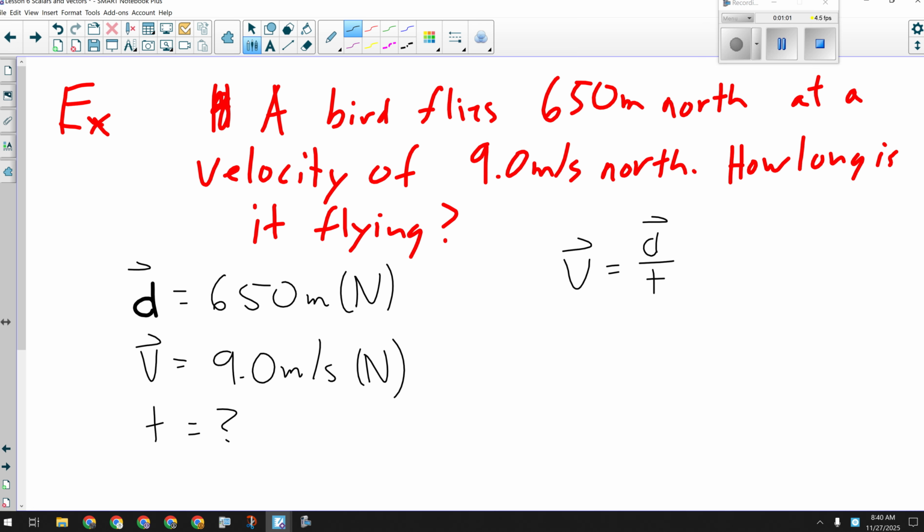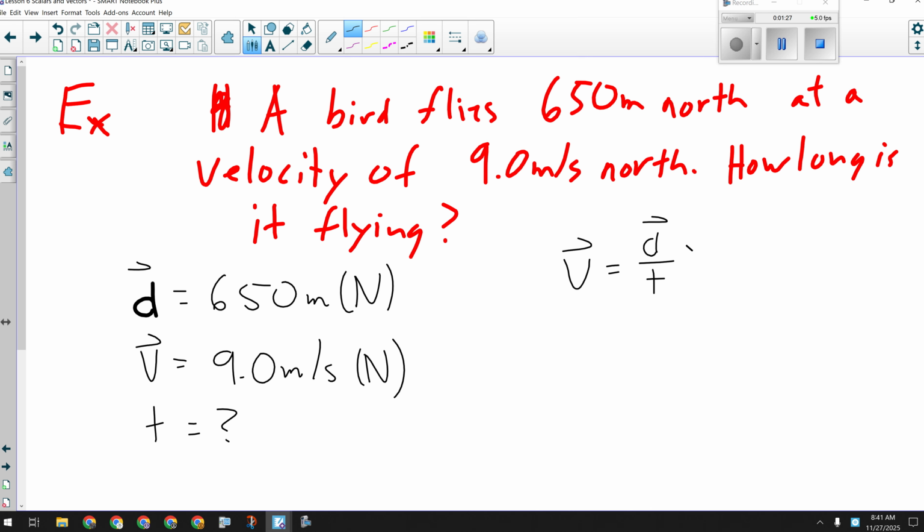And we need to manipulate for t. So what do I move first? Weirdly, the thing I move first is t, the thing I'm actually looking for. Because right now, t is on the bottom, and we can't solve for something if it's on the bottom because we'll be solving for 1 over that number, which is the inverse of it, not what we're looking for.